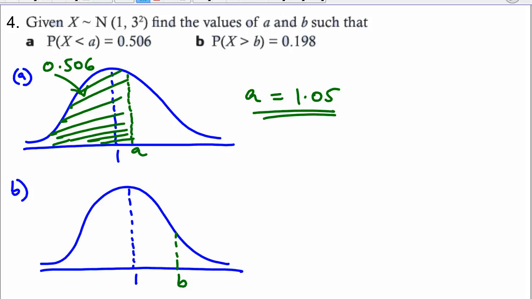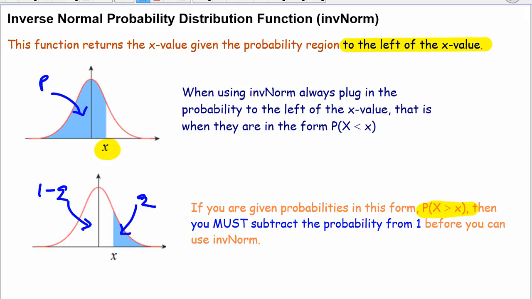B is somewhere here, and the probability that I'm given here is 0.198.